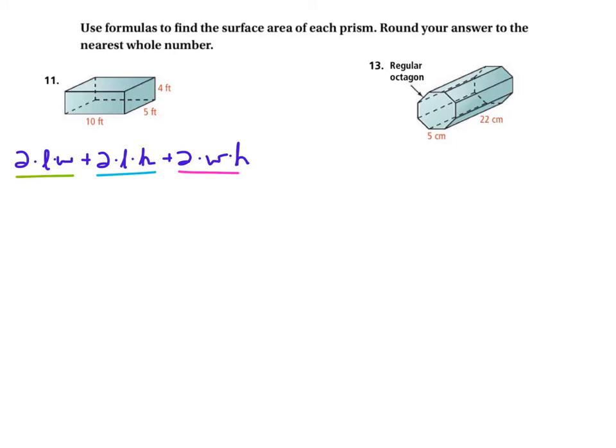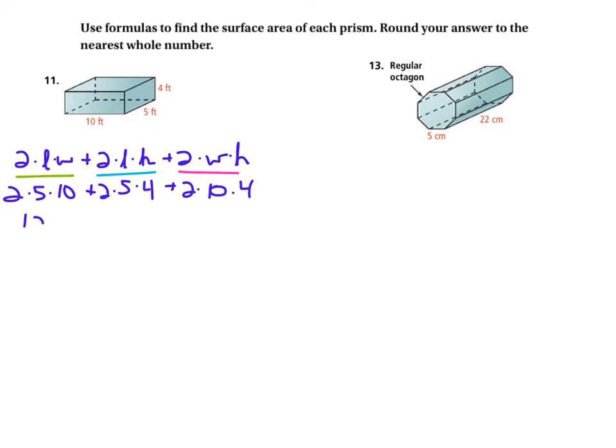So let's do it. We've got 2 times the length of 5 times the width of 10, plus 2 times the length of 5 times the height of 4, plus 2 times the width of 10 times the height of 4.